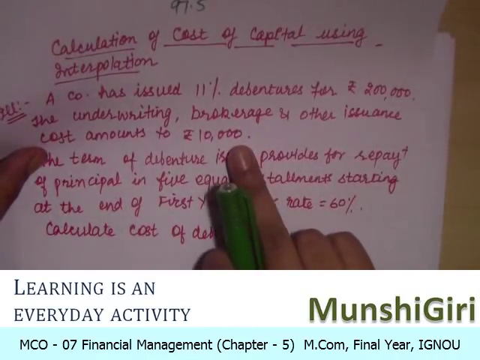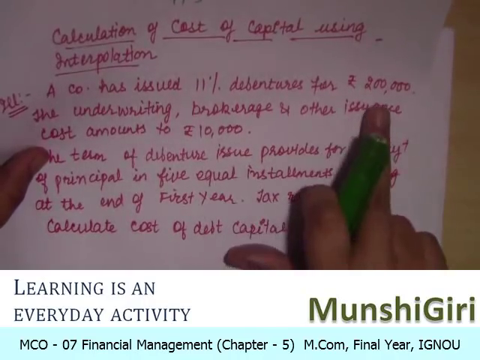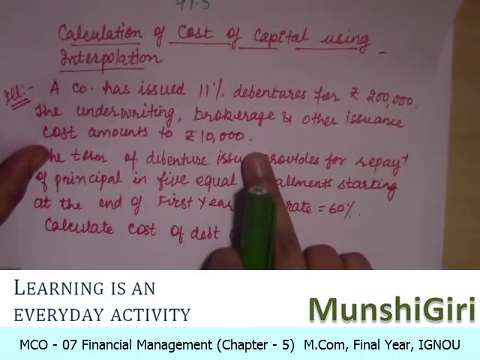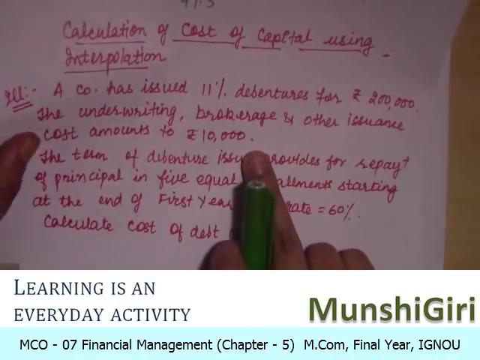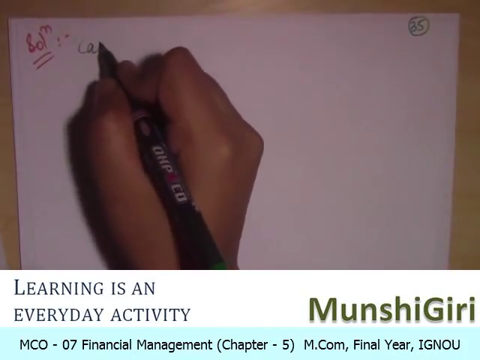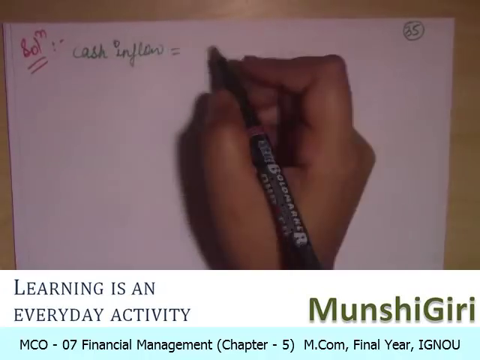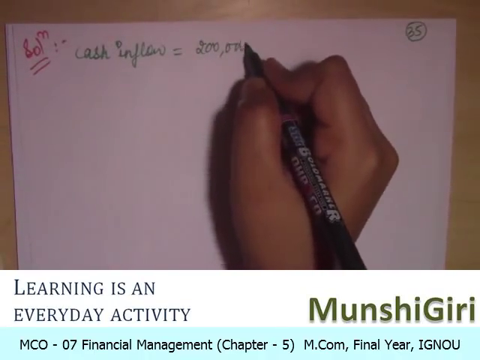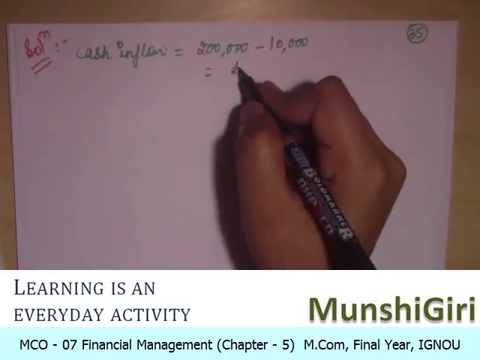So the net amount the company will receive is 1,90,000, that is the debenture amount minus the cost of underwriting, brokerage and issuance cost. So the company will have a cash inflow of 2 lakh minus 10,000, that is rupees 1,90,000.